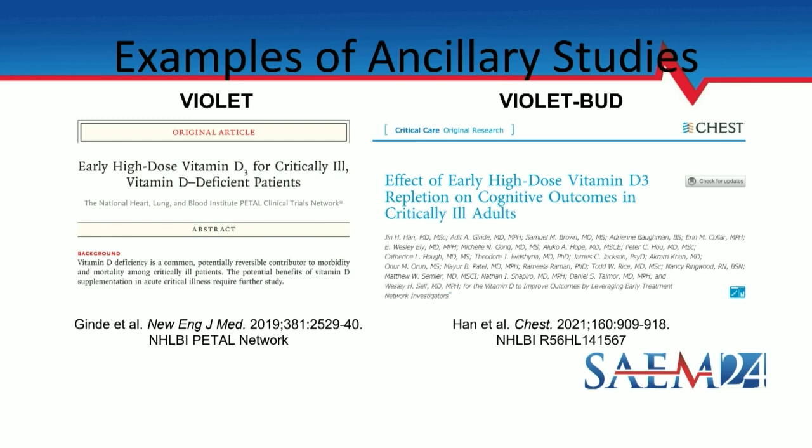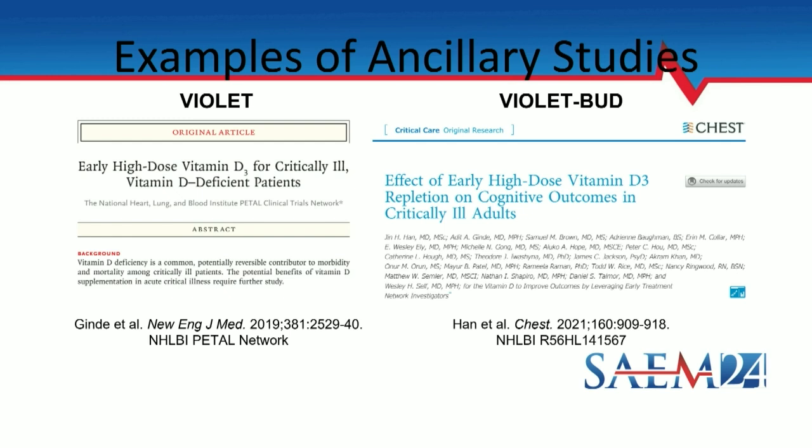This is an example of a study where we added follow-up data to an ongoing randomized trial. The parent study was the VIOLET trial, a PETAL network sponsored trial comparing vitamin D versus placebo that only looked at short-term mortality.